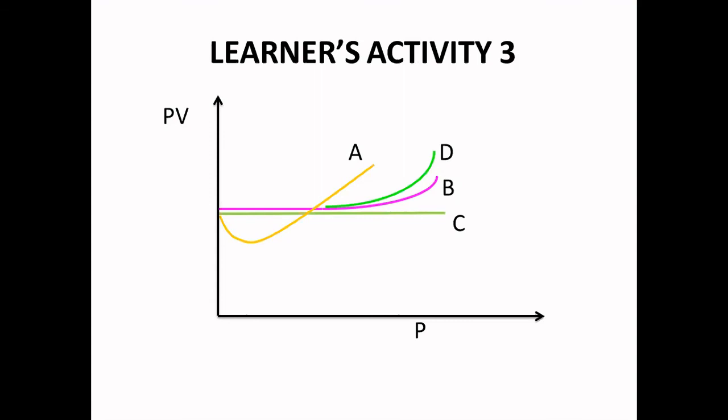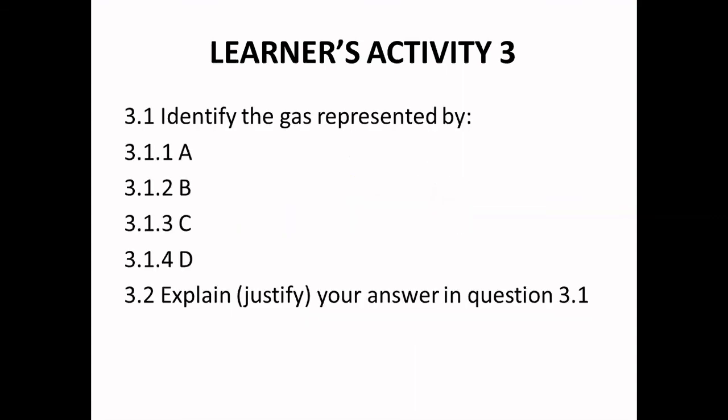The gases there of those graphs are represented as A, B, C, and D. Along the x-axis we have pressure, and along the y-axis we have the product of pressure and volume. First question, 3.1. Identify the gas represented by A, number 2 by B, number 3 by C, number 4 by D. 3.2, you need to explain your answer given in question 3.1.